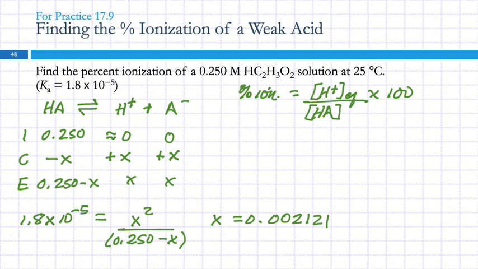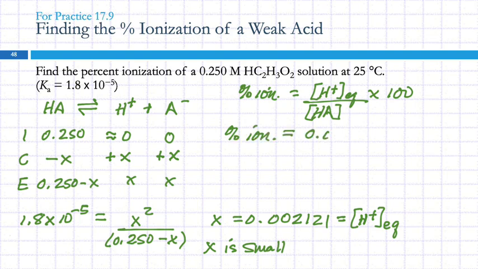So X is small. So solving for X, X is that hydronium ion concentration that we need. So percent ionization is the 0.002121 divided by 0.250 times 100.